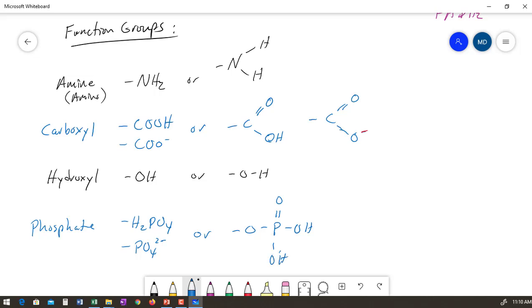Or if you take the hydrogens off, you can also draw it like this. And here again I'm going to mark these as negative charged oxygen molecules because they're going to have a tendency to keep the electron from the hydrogen. So then the hydrogen pops off. Or in this case, two hydrogens pop off.